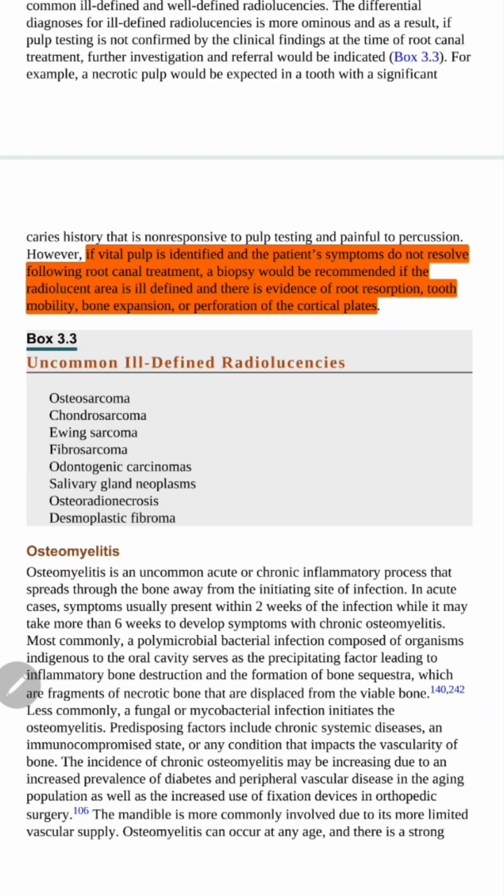After doing the treatment, whether it is an endo for a vital pulp or a necrotic, and we see during the follow-up that there was no cure or resolving of the symptoms, or the radiolucent area was increasing, not decreasing, or there was root resorption, the tooth was mobile, the bone is expanding, and there is a perforation of the cortical plates. In these situations, a biopsy must be taken.